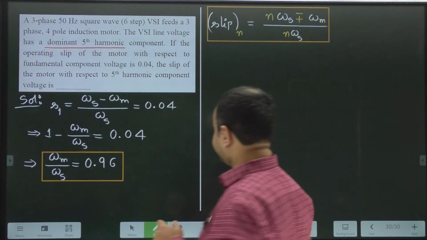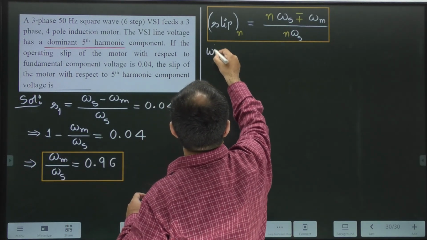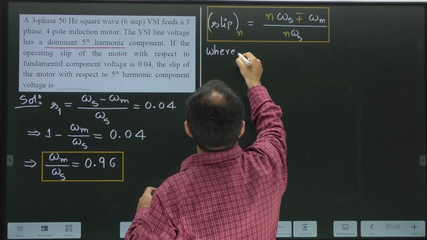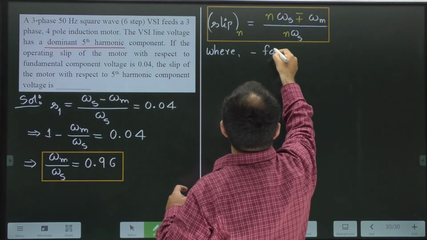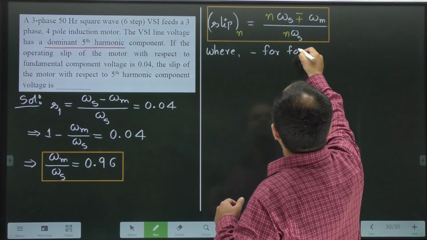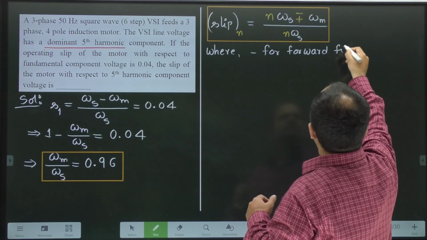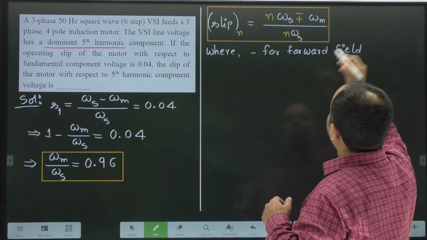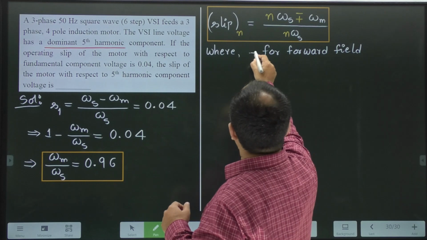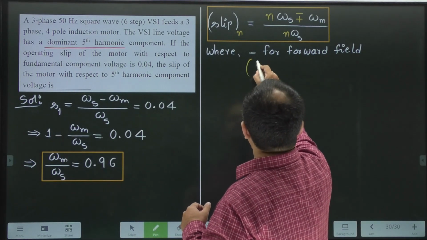So let me write down here, in this formula, minus is for forward field.